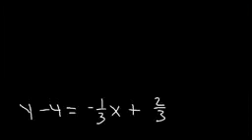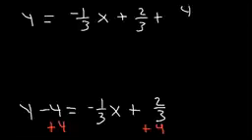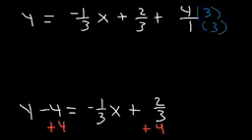Now we need to add 4 to both sides. So it's going to be y is equal to negative 1/3 x plus 2 over 3 plus 4. 4 is the same as 4 over 1. To add 2/3 and 4, we need to get common denominators. So let's multiply 4 by 3 over 3.